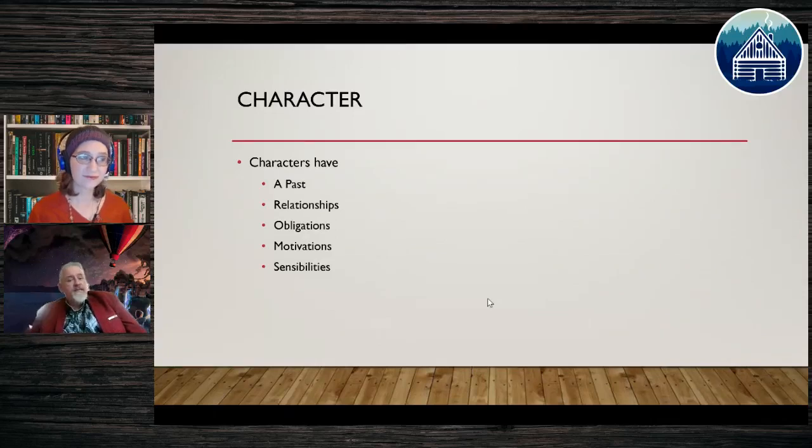And so with these things, the past, relationships, obligations, motivations, sensibilities, these really make up each character. And that can get tricky over time, because you only have so much time in your writing to get into this. In some cases, you might create a bunch of really interesting content.